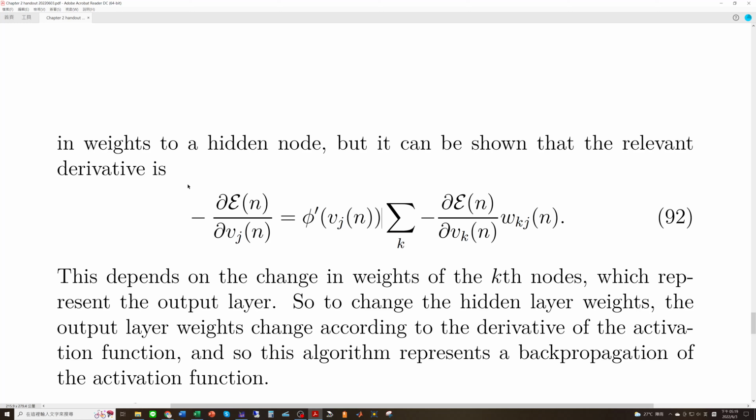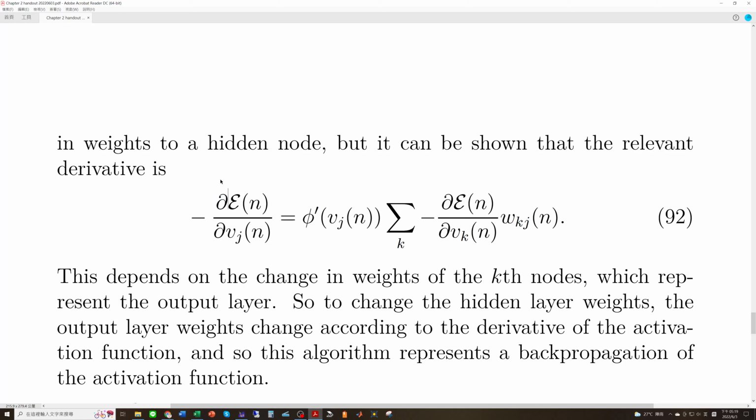Do you remember the definition of these symbols? Let us review again. First, partial: I think you already know this. It is to take the partial derivative.